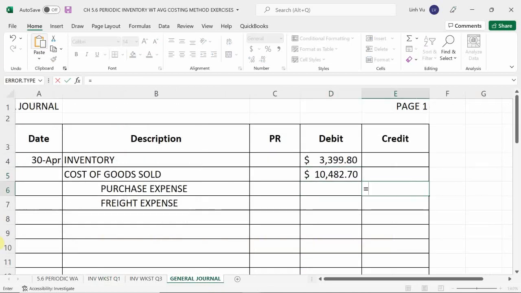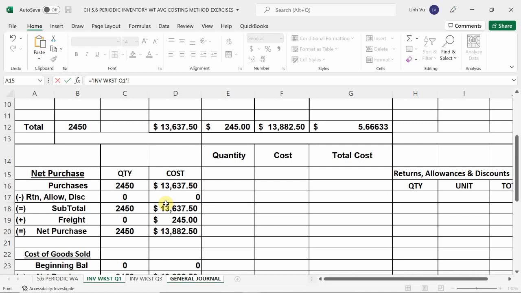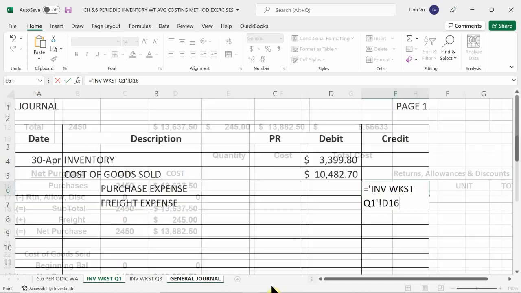And what was my total purchase expense? $13,637.50.